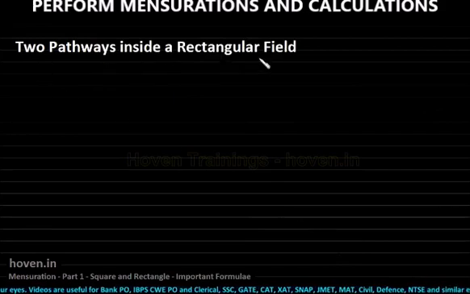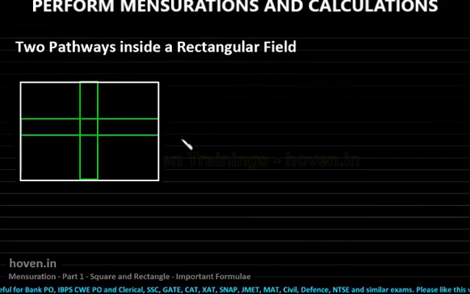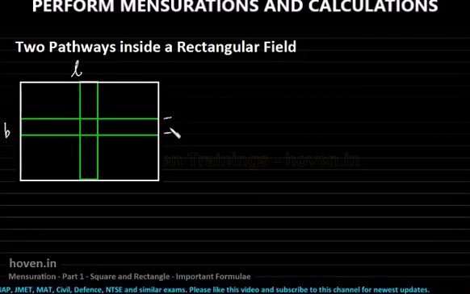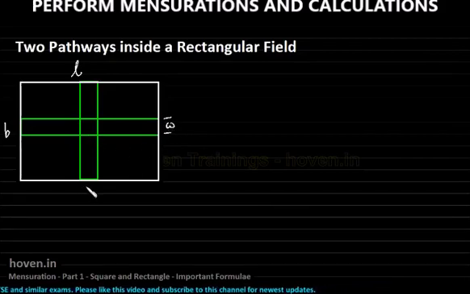Two pathways inside a rectangular field. This is the situation. Let the length of the rectangular field be L and B be the breadth of the rectangular field, and there is a pair of pathways inside the rectangular field.